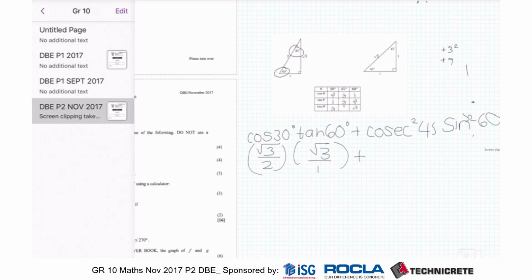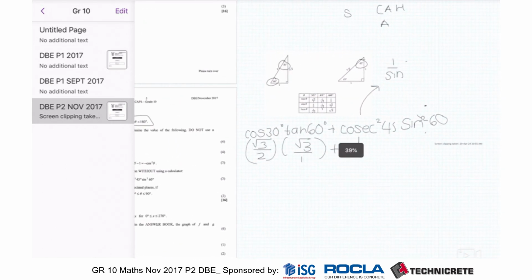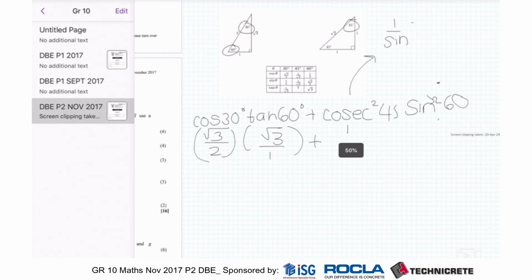What is cosec? Remember, you must know your ratios. Cosec is 1 over sine. So my sine, let's find my sine. Sine of 45 is going to be opposite over hypotenuse. It is cosec 45, yes.